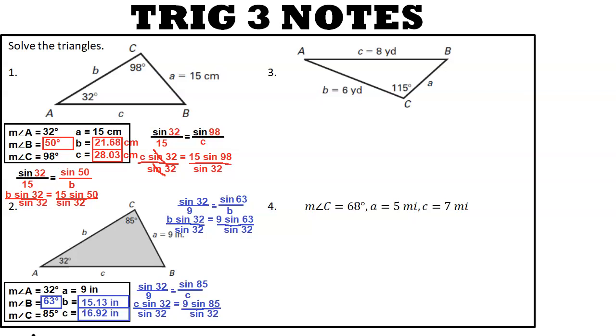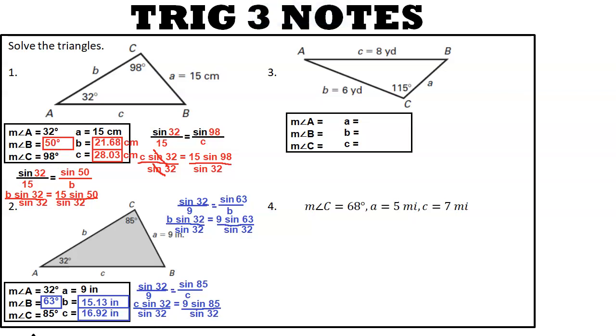If you find out that that does not hold true, then you did something wrong. So again, if you have a little angle, you're going to have a little side. So notice on number 1, the smallest angle was 32. The smallest side was right across from it. The biggest angle was 98. The biggest side was right across from it. Okay, that's a great way to check your work as you go.